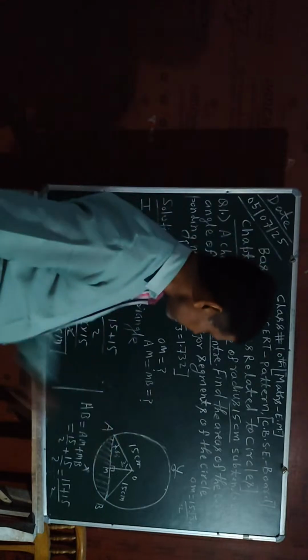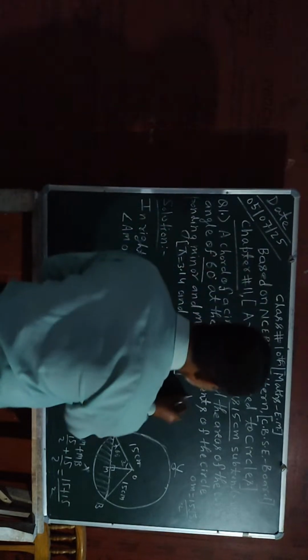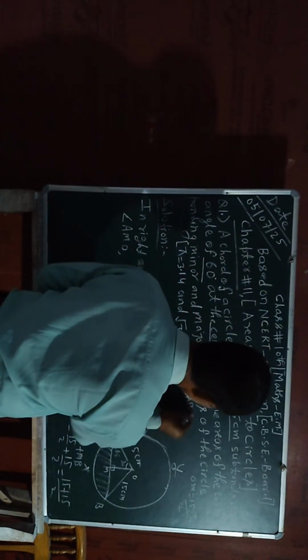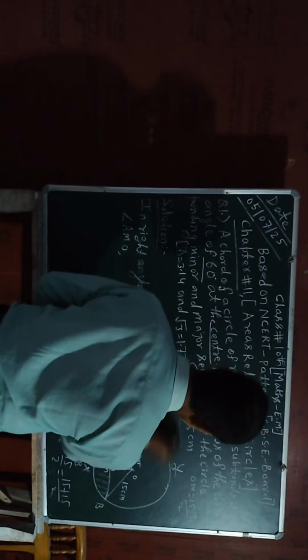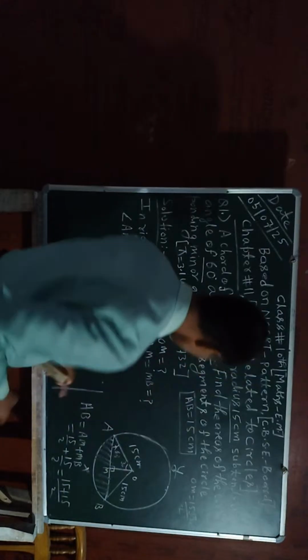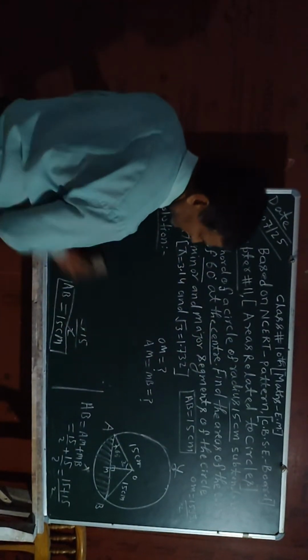The length of AB is equal to 15 centimeter, and I have to save this value for further use. Now again I will erase it, and after erasing I will calculate the area of the triangle.